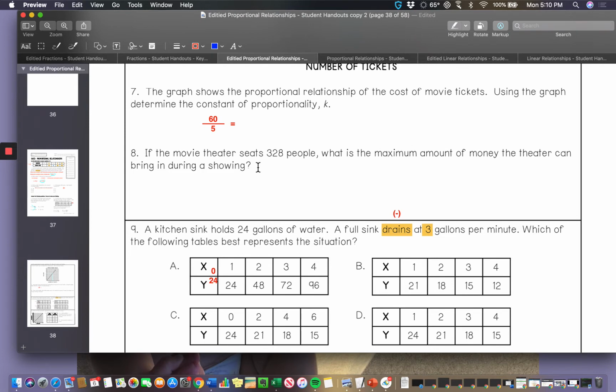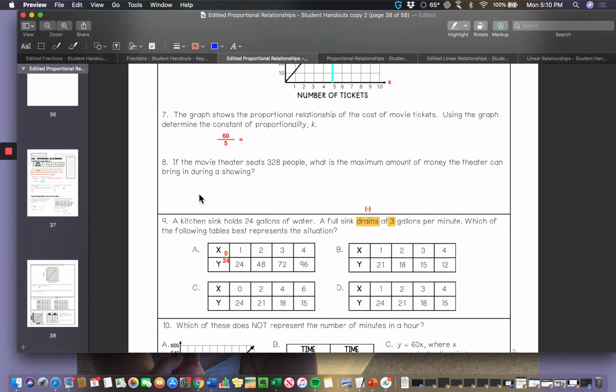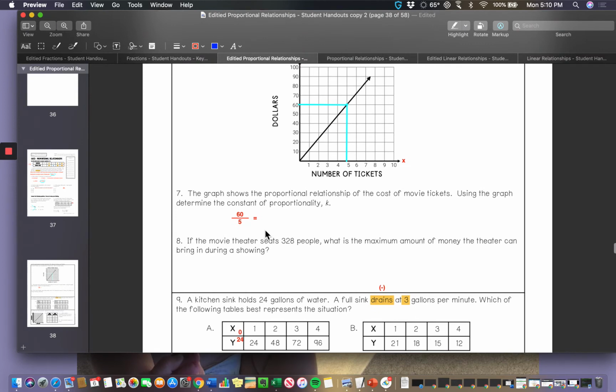So, if the movie theater seats 328 people, what is the maximum amount of money the theater can bring in during a show? Well, 328 people is really 328 tickets. So if I know what my constant is, I could have K being multiplied. Remember, K is going to be the amount of money per ticket.